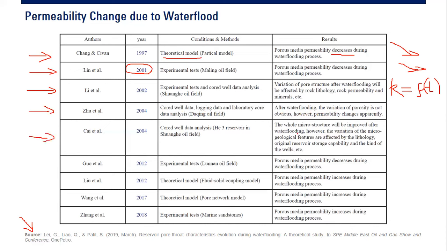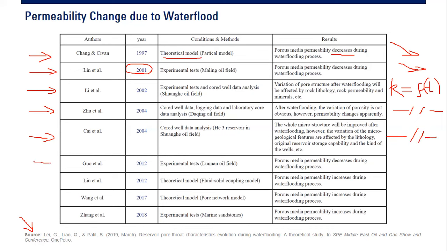All right, and then the whole microstructure will be improved after water flood. However, the variation of the microgeological features are affected by the lithology, original reservoir storage capability, and the kind of the wells. All right, so again, permeability will change. Permeability is not constant during water flood.